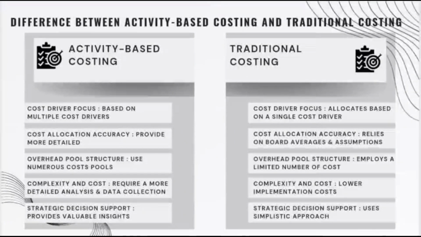Traditional costing, with its more simplistic approach, may not provide the necessary level of detail or strategic decision support that activity-based costing offers. In summary, while traditional costing provides a straightforward and less resource-intensive approach, activity-based costing offers a more accurate and insightful allocation of overhead costs, enabling better decision-making and strategic planning.